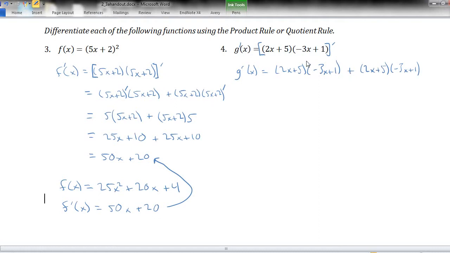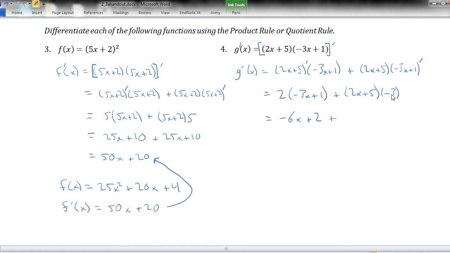And we take the derivative of the outside factors here. The derivative here is 2, so 2 times negative 3x plus 1. And then 2x plus 5 times the derivative here, which is negative 3. If I distribute the 2, I get negative 6x plus 2.